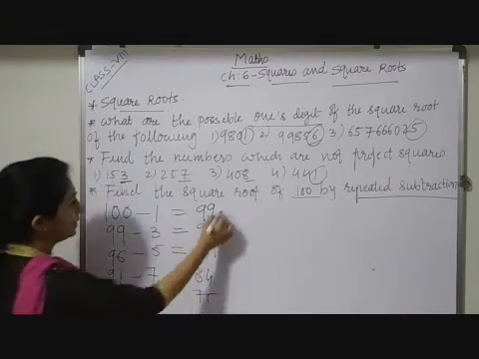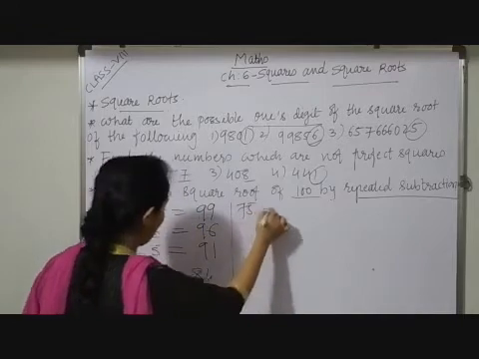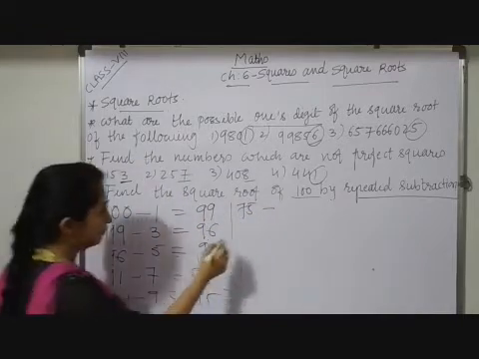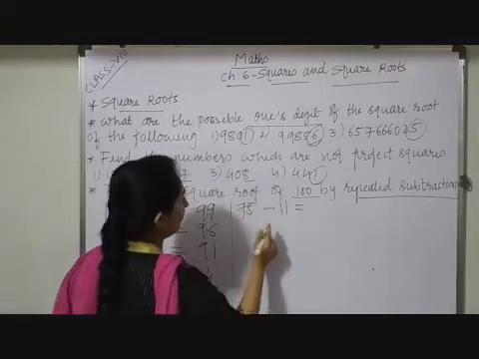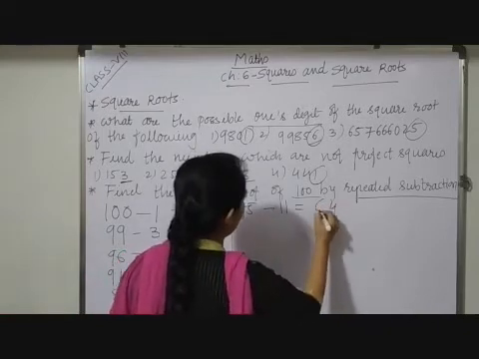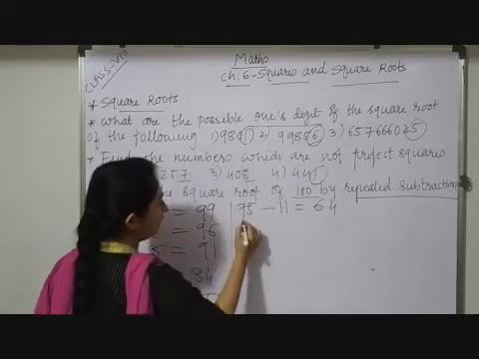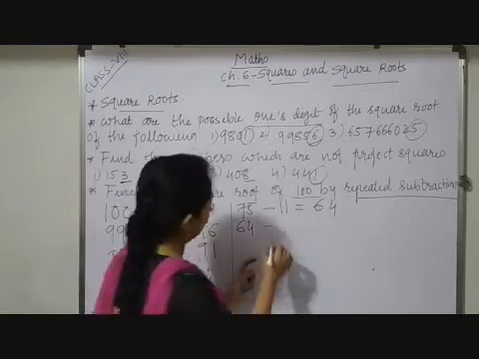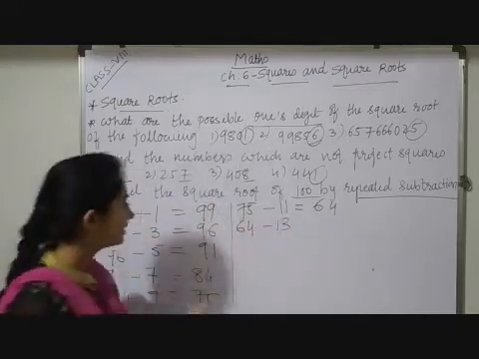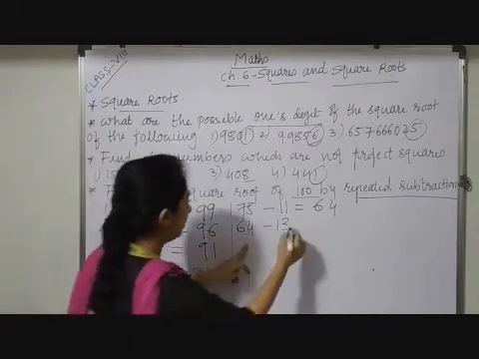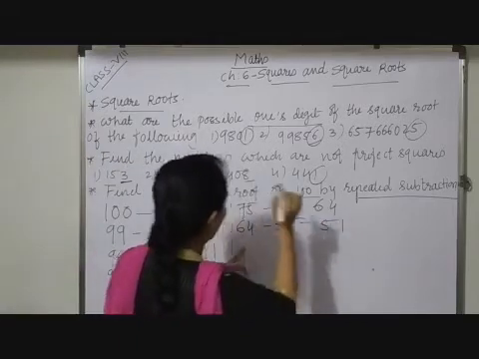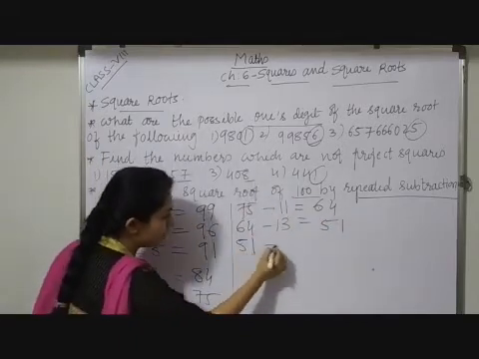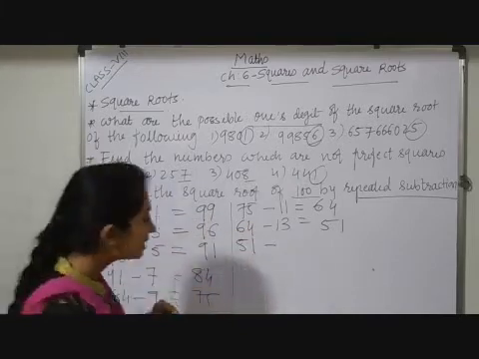After that 75 minus 11, the next odd number after 9, you will get 64. Now 64 will be our question, and after 11 the next odd number is 13. So subtract 13 from 64. Here you will get 51. Now 51 will be our question, and after that the next odd number is 15.